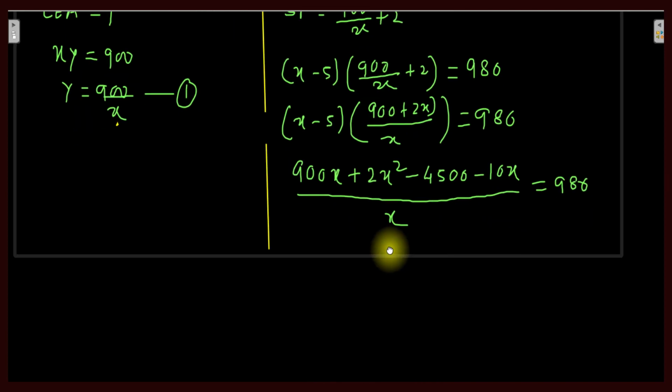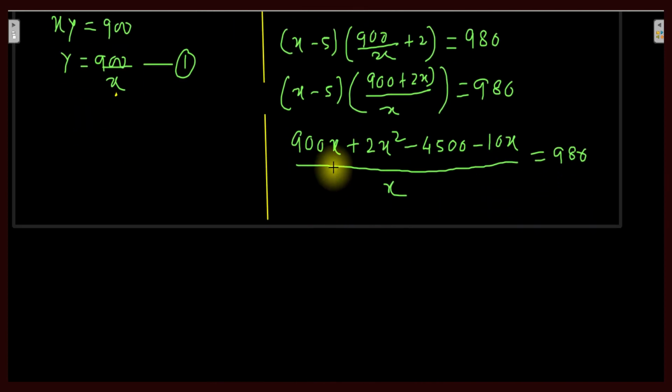Now solve this further. So it will be 900X minus 10X, that will be 890X, plus 2X square minus 4500.